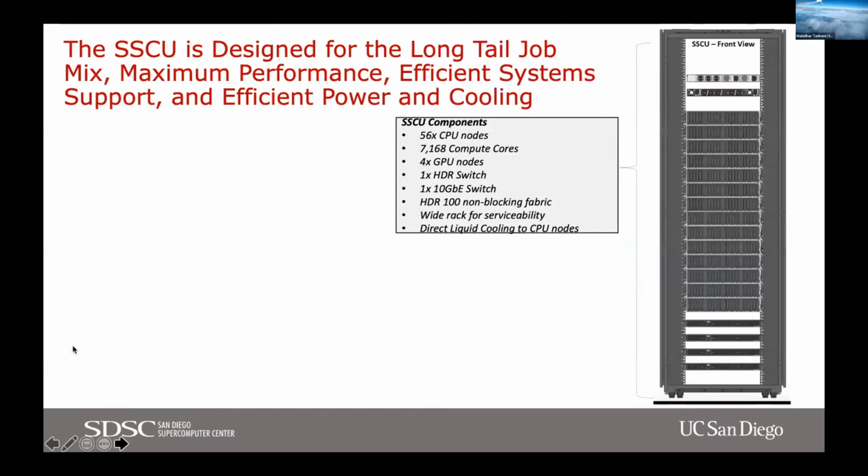So now, basically each SCCU has 56 CPU nodes, as I mentioned. That works out to 7,168 cores. And it's 1 HDR top of the rack switch with 40 ports. So we are splitting the 40 200 gig ports into 80, basically 100 gig.